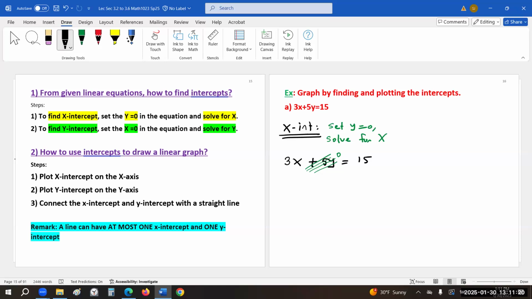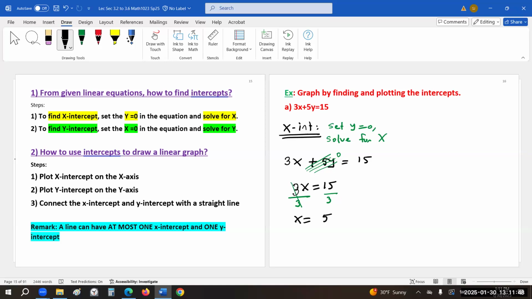Then what is left on the left side? 3x. And what do you have on the right side? 15. Our goal is to get x alone. Do you add, multiply, subtract, divide? Divide. We divide by 3 and we get 5.